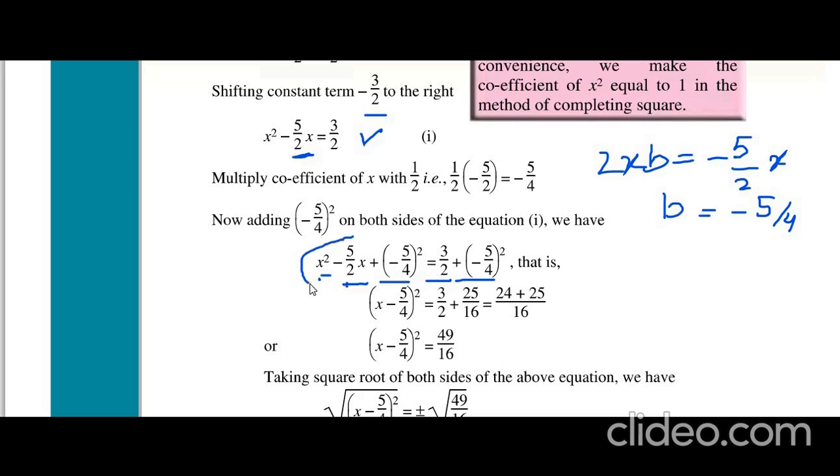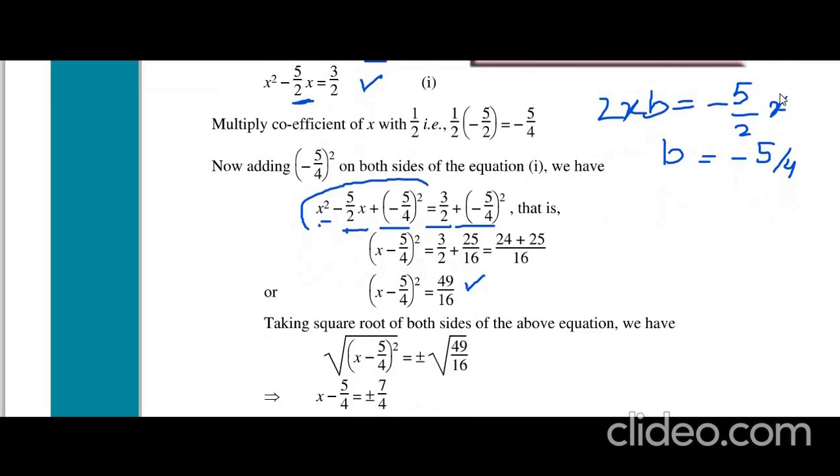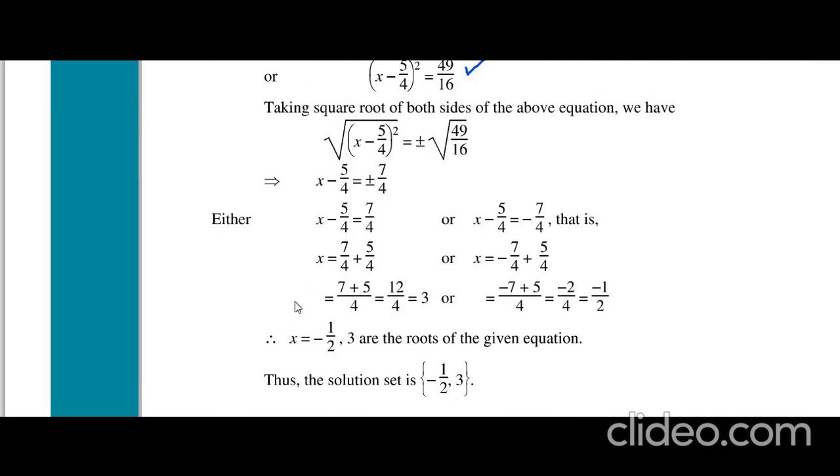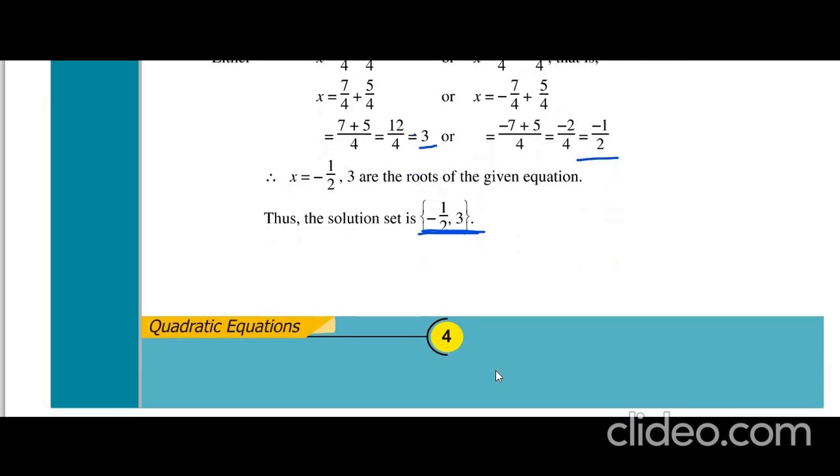This becomes a minus b whole square term, and the right side is 49 by 16. Just take square root on both sides. You will get x minus 5 by 4 equals plus minus 7 by 4. Just put 5 by 4 on the right side of the equation. You will get x equals 3 and x equals minus 1 by 2, which is the solution set of the given quadratic equation.